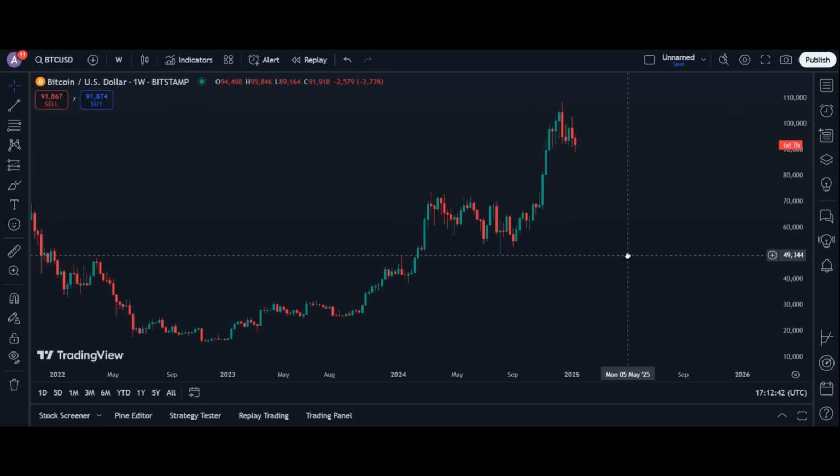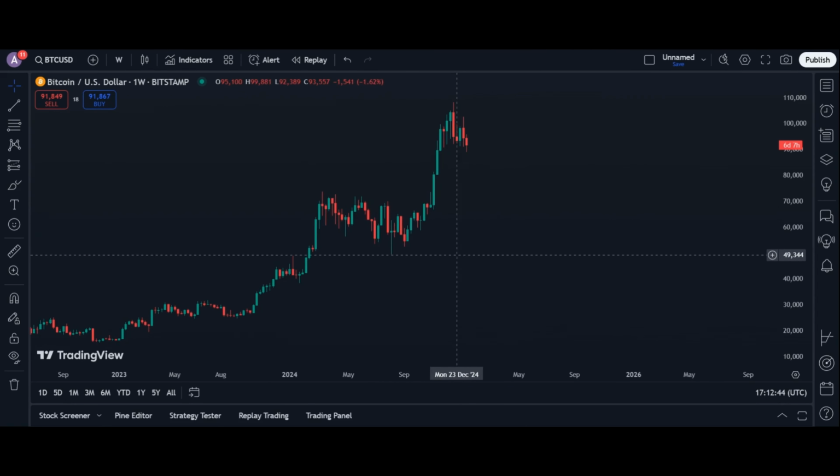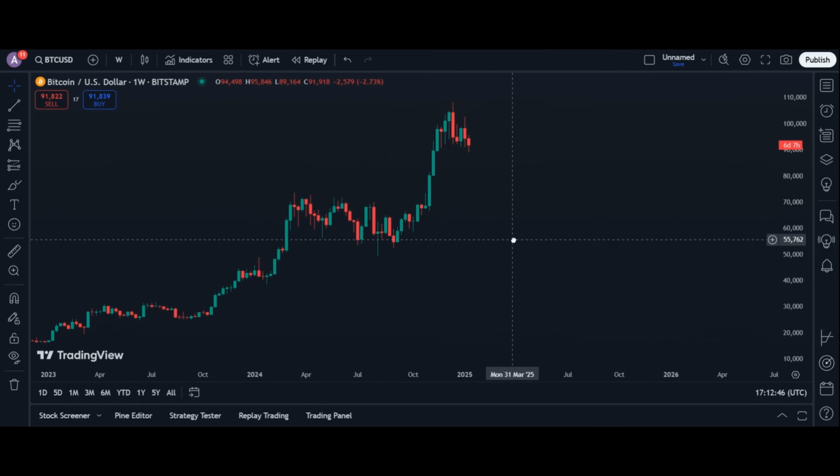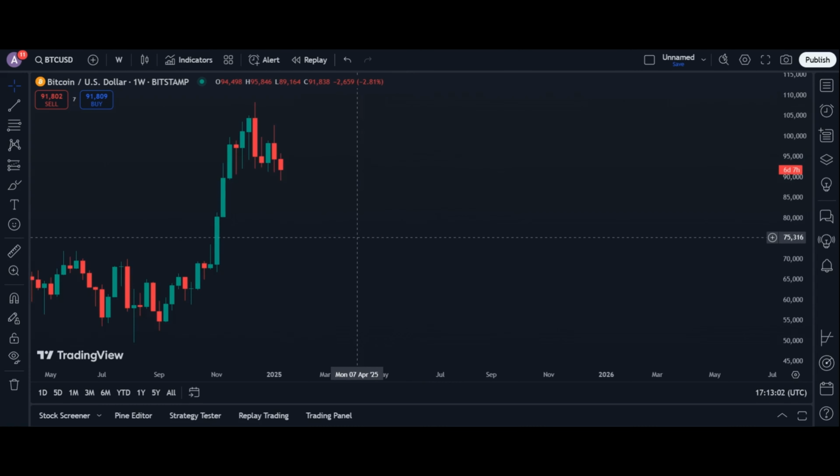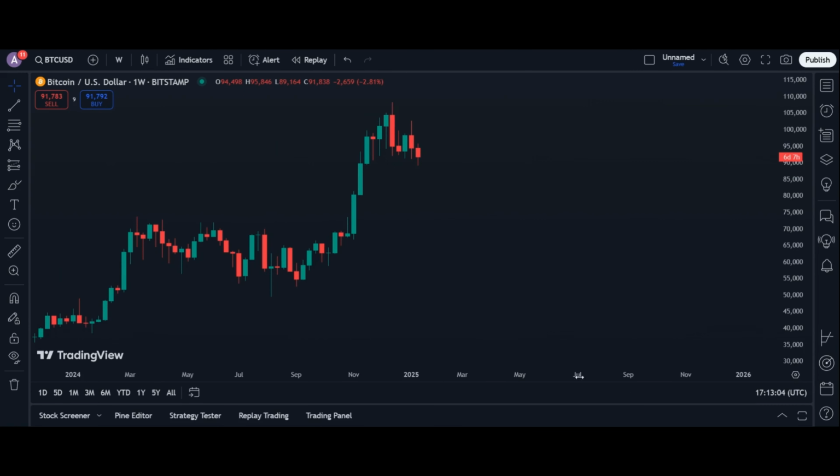We can see that when we check it from this point, which is from 16th of October till now, there was a long and sharp increase, and after the sharp increase, there was a smaller decrease. Let me zoom in on the chart.